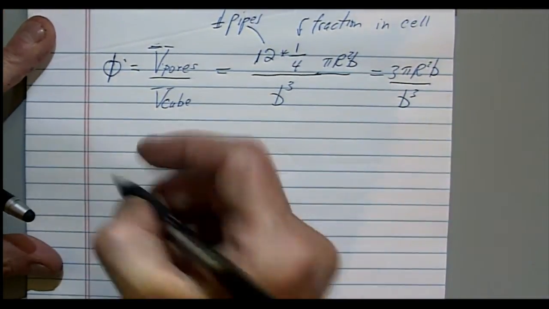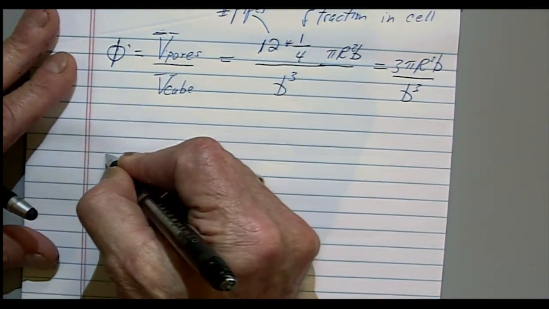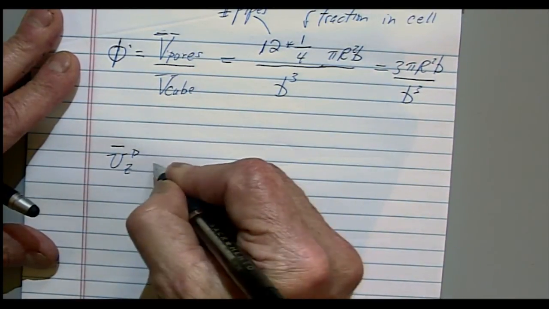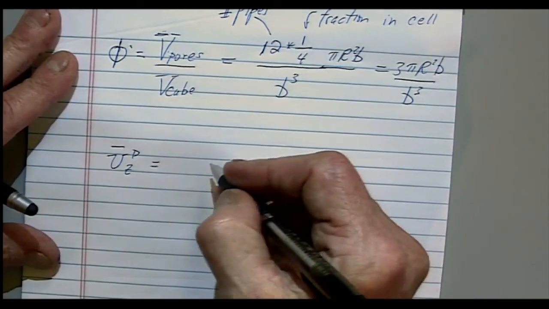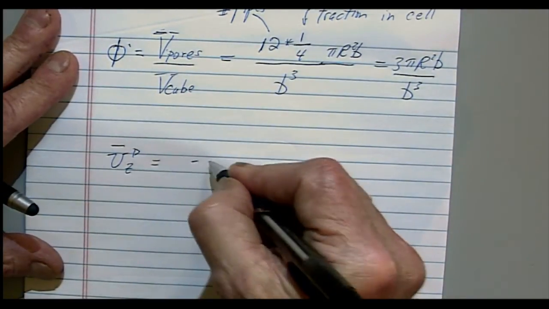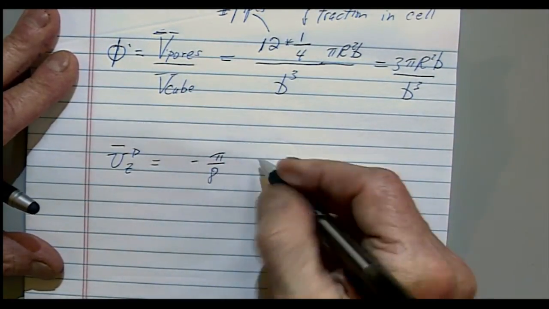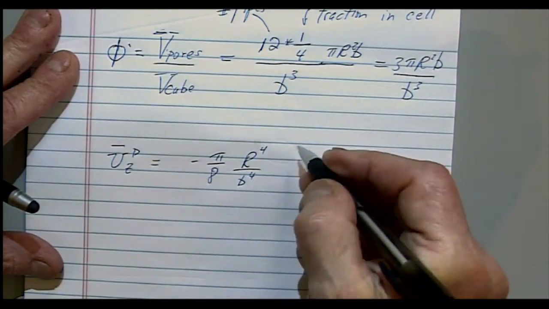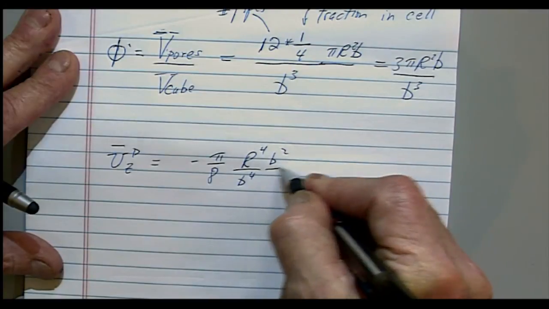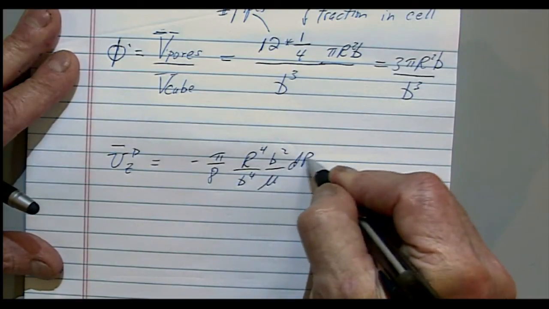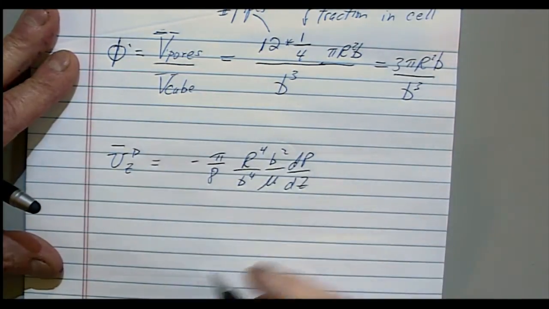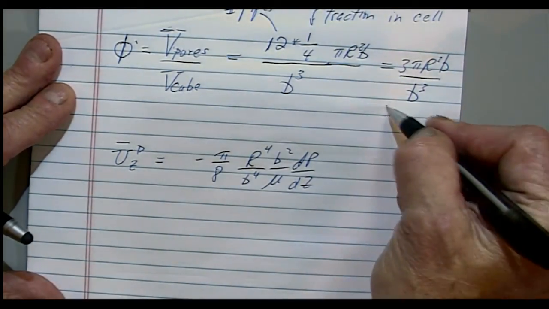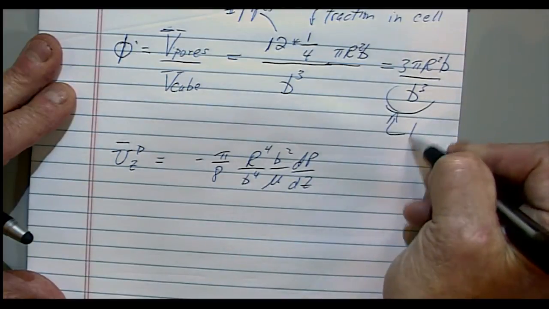to our Darcy velocity. The mean velocity for Darcy, in the z direction, is just equal to minus pi over 8 r to the fourth over b to the fourth, b squared over mu times pressure gradient. And I can rewrite that in terms of this expression for phi, the porosity of the system.